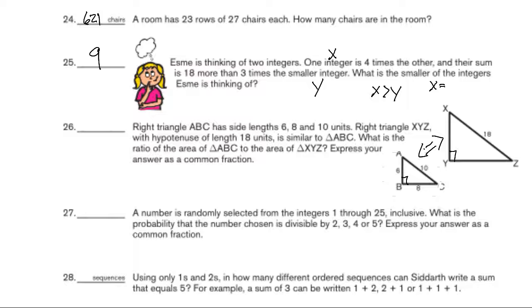So the ratio of the area of triangle ABC, the smaller, to the larger is 25 over 81. Remember, when we're expressing this ratio, it's important to know which one is on top and which is on the bottom.